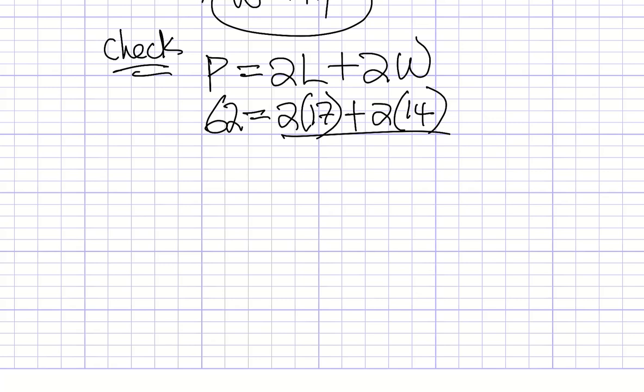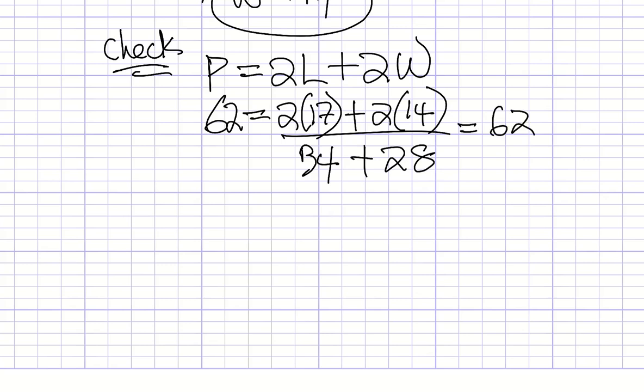That's what you have to worry about. So you do this: this is 34 and this one here is 28. So 28 plus 34, would that give you 62? I say yes.